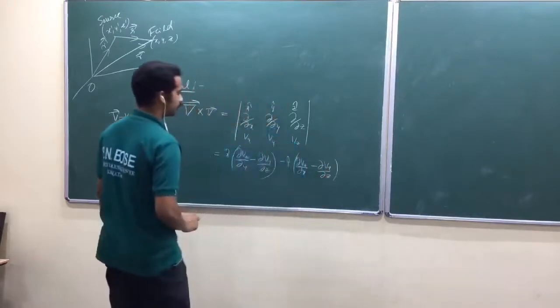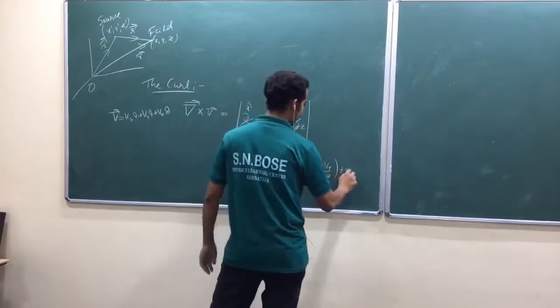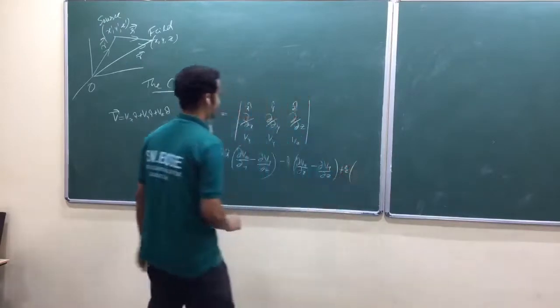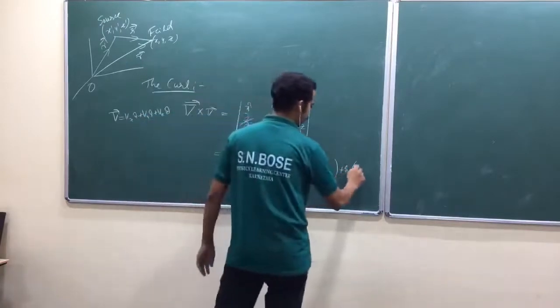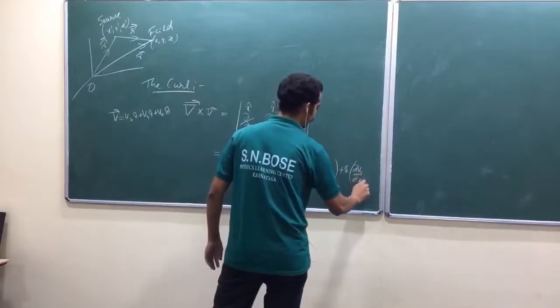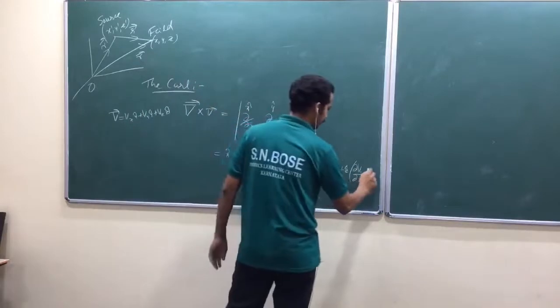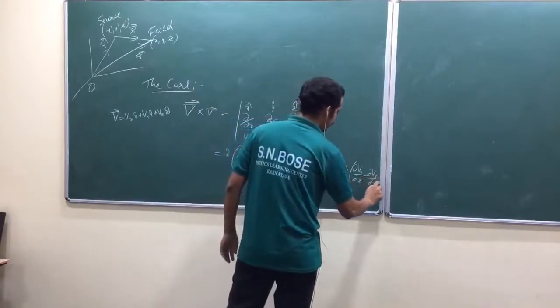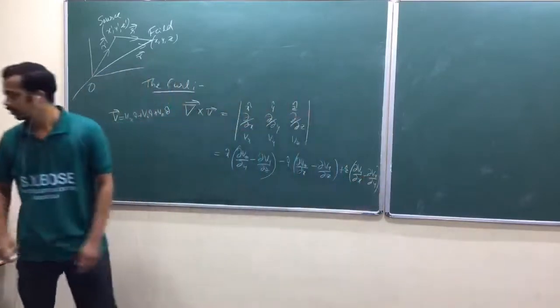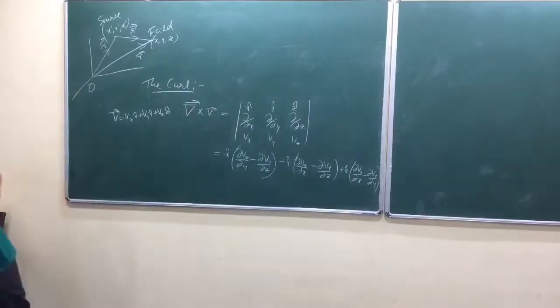Am I right? Check it out. Plus z cap into (∂Vy/∂x − ∂Vx/∂y).